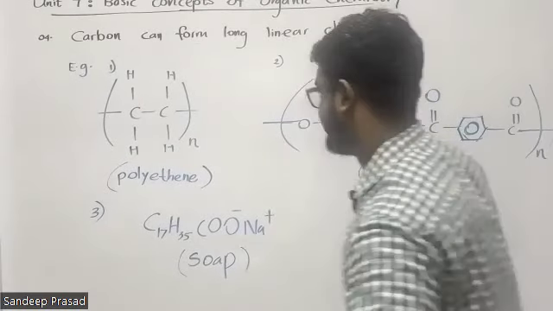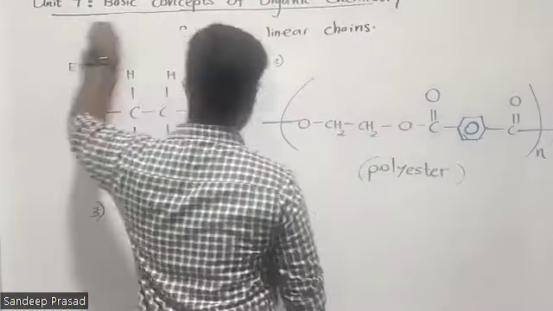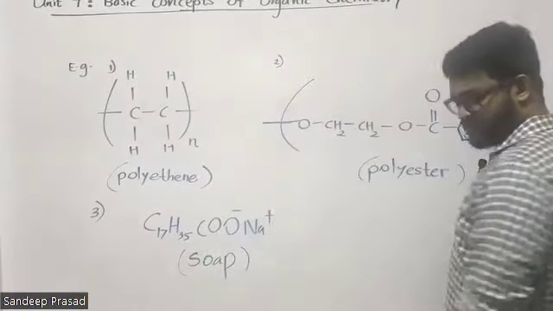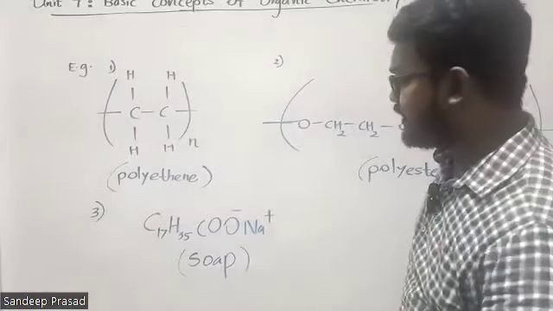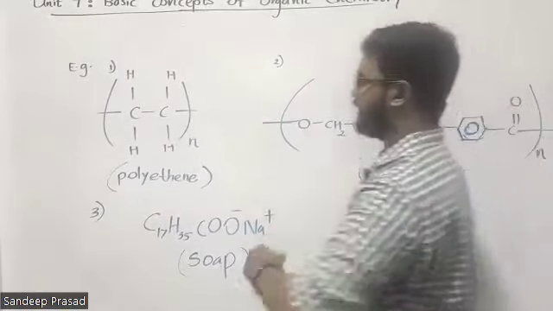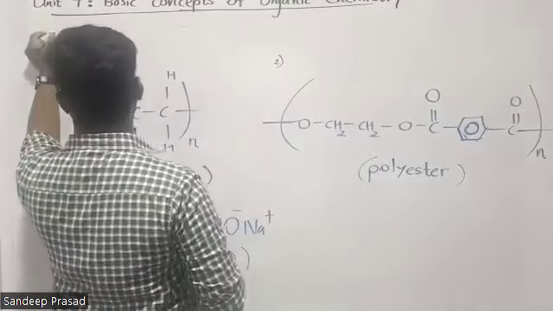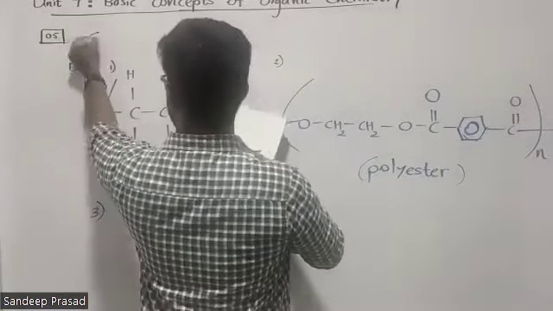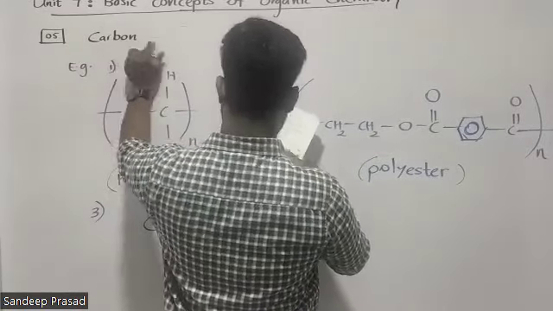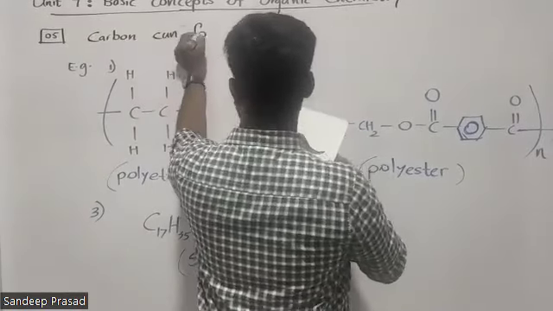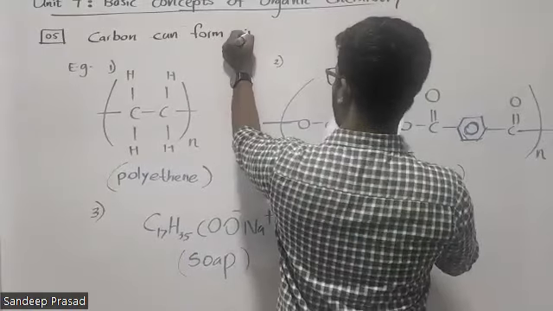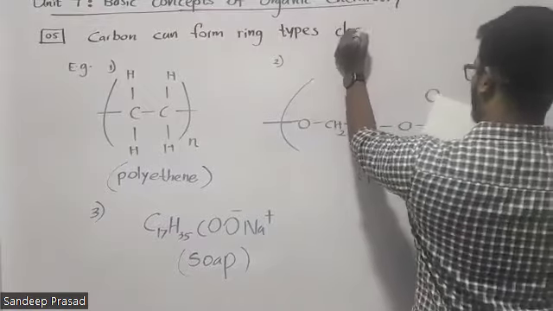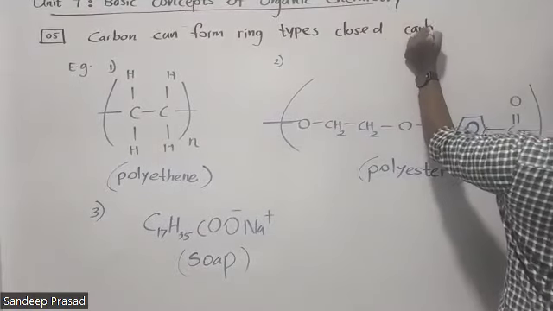So the fifth reason: carbon can form ring type closed chains. This is also one of the reasons that carbon has millions of compounds.